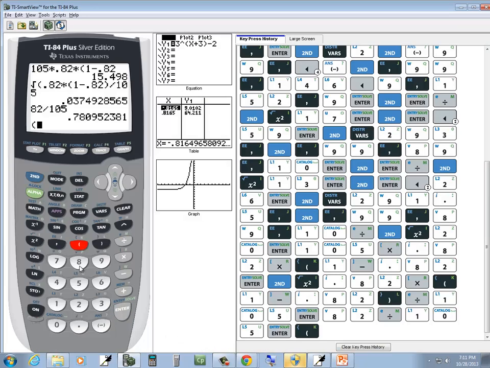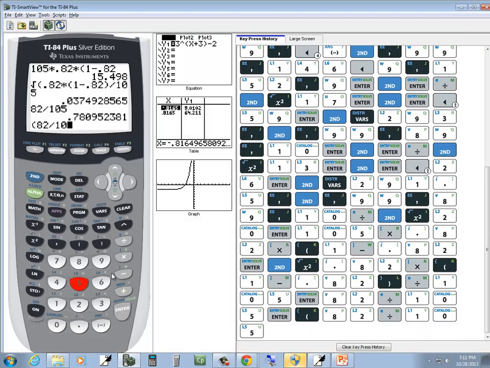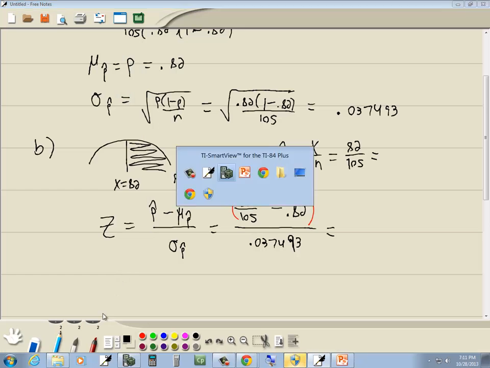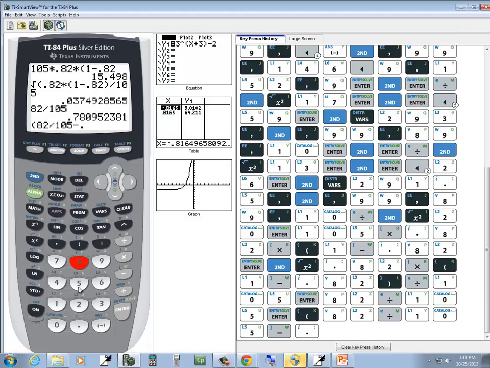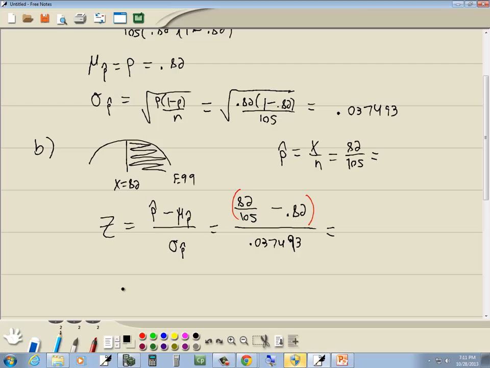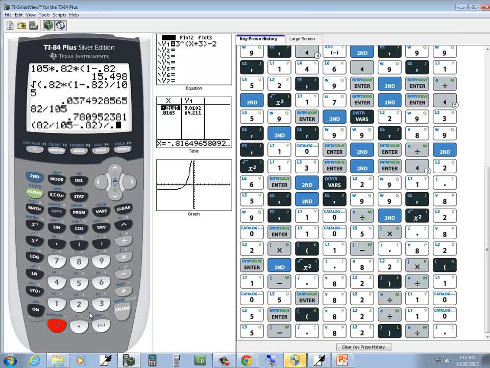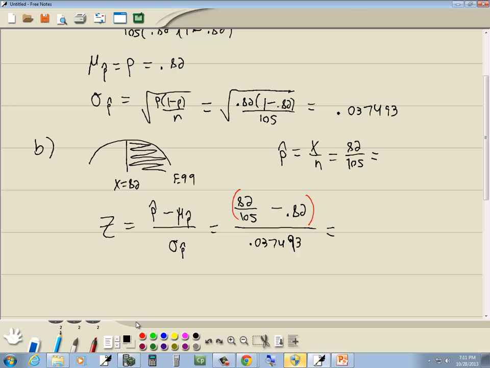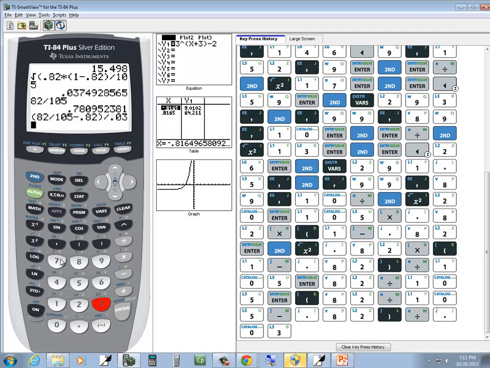Do beginning parentheses, 82 divided by 105 minus 0.82, close parentheses, divided by 0.037493.